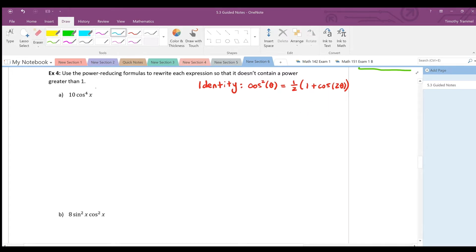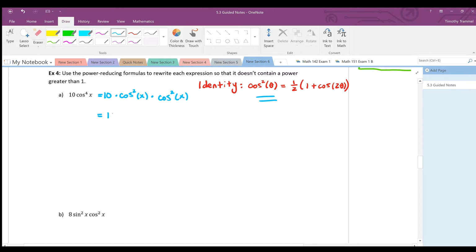Now, let's get started. If we want to actually be able to use this, we need some cosine squareds here. So how about we rewrite our cosine to the 4th there as cosine squared of x times cosine squared of x. Now let's use this identity here on the right.